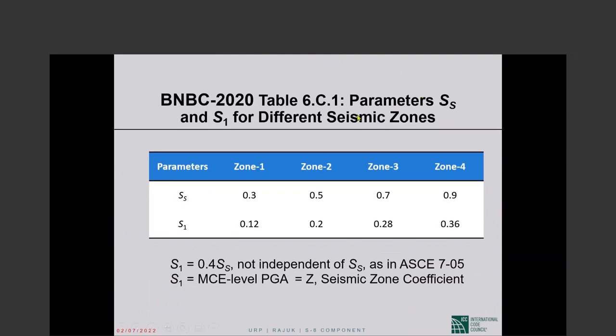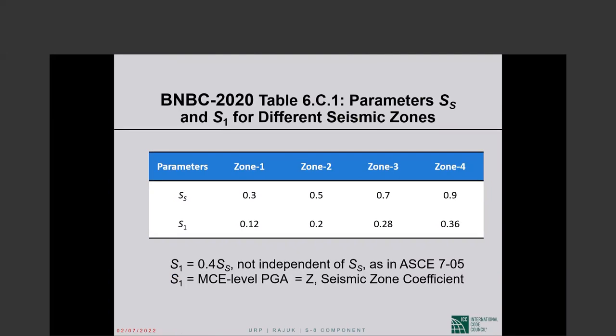Now, in Appendix C, in that specific table, 6.C.1, we are given the S sub S and S sub 1 values for each of the seismic zones. So if you are doing design by BNBC, instead of going to the US Geological Survey website or anything like that, all you need is this table.